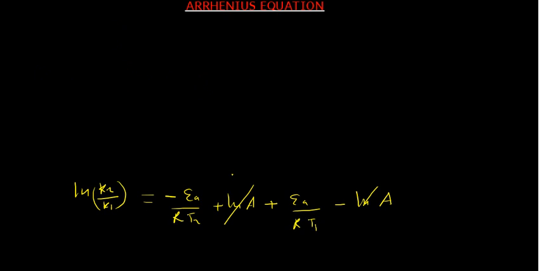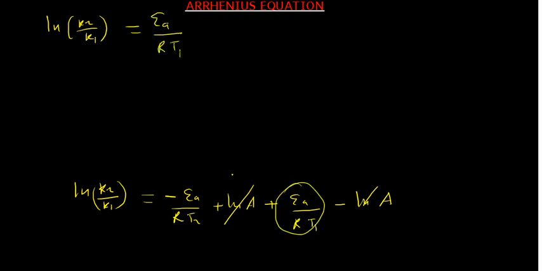So that is going to leave natural log of K2 divided by K1 being equal to, let's start with this portion which is positive. So that would be EA over RT1.